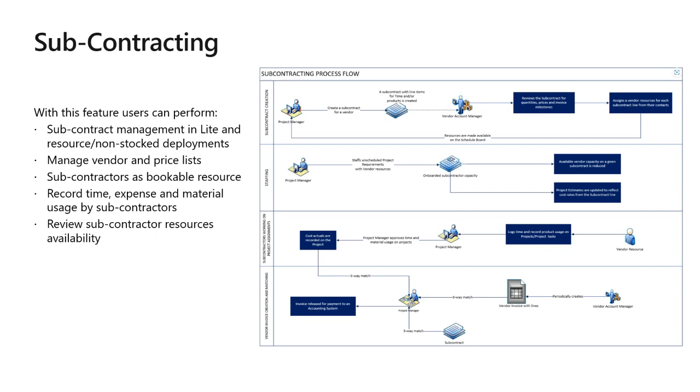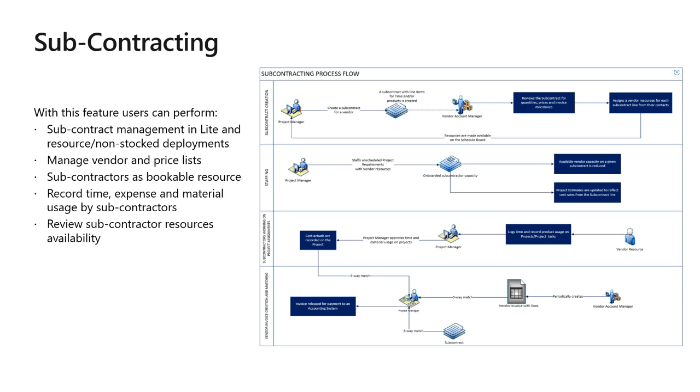So first of all, it gives you the ability to define vendors and contacts associated with those vendors, and those contacts can be either users of your project operations system, or resources on whose behalf you would actually enter their actuals for them.